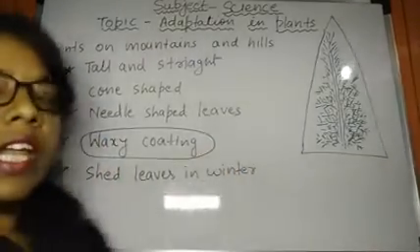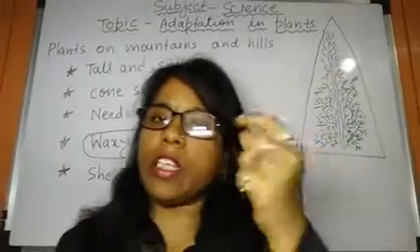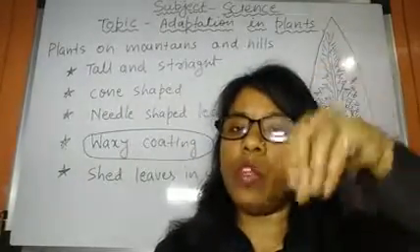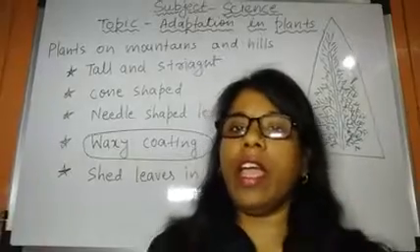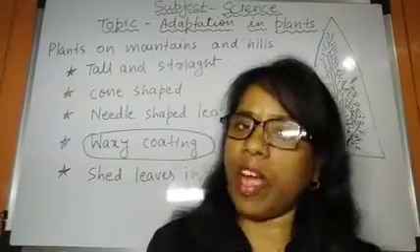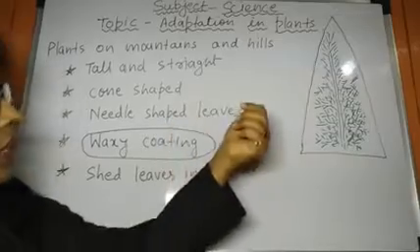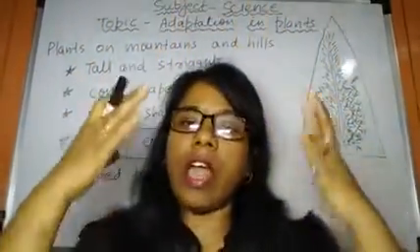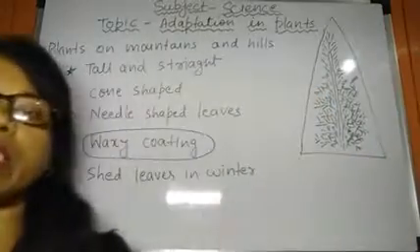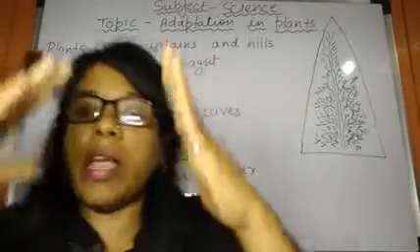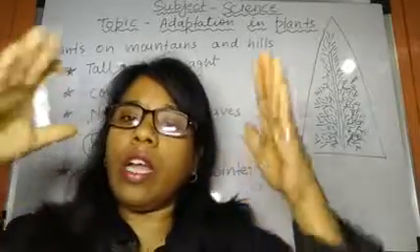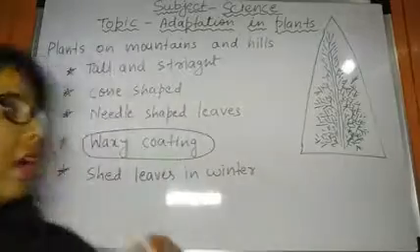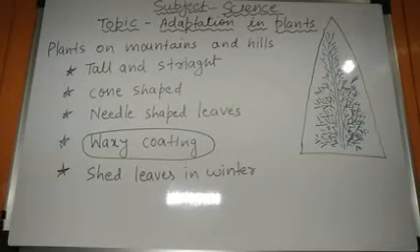You might have seen that a candle has wax, and if you pour water on that candle, it will not absorb. Fine. So the same thing happens here. When snow falls on cone shaped trees with a waxy coating, due to the waxy coating and its cone shape, snow cannot stay on the tree and it falls down and no harm happens to the plant.